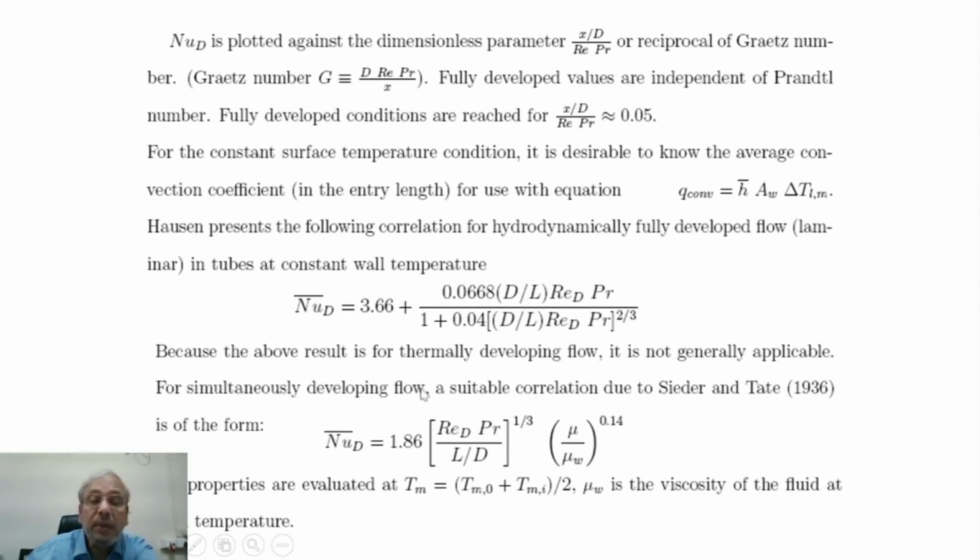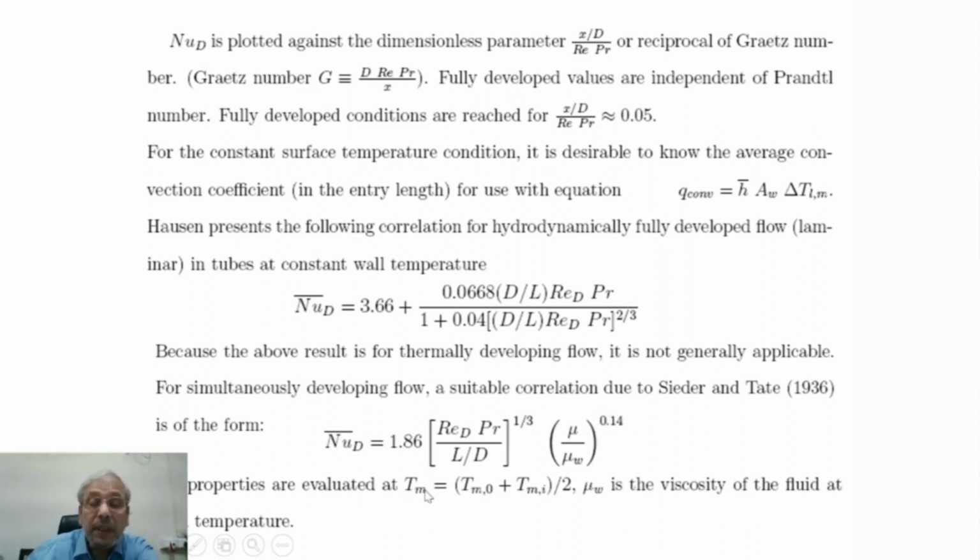For simultaneously developing flow, a suitable correlation due to Sieder and Tate is of the form: average Nusselt number based on diameter is given by 1.86 Reynolds number into Prandtl number divided by L by D to the power 1/3 into mu by mu_W to the power 0.14. Here mu_W means the viscosity at the wall temperature.